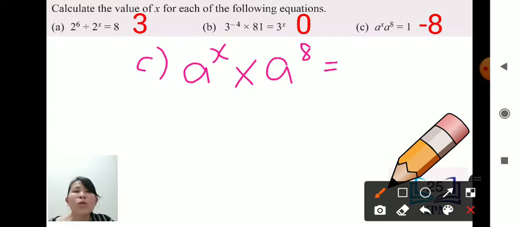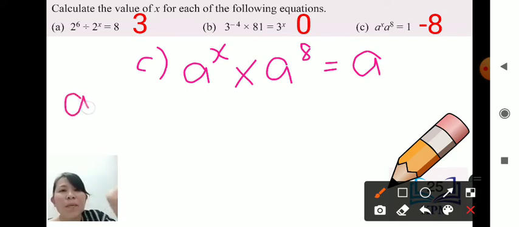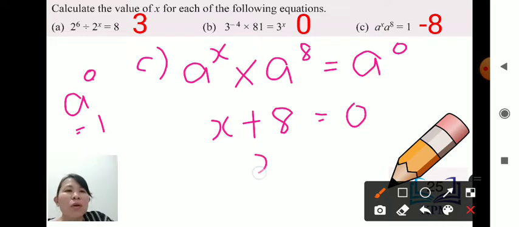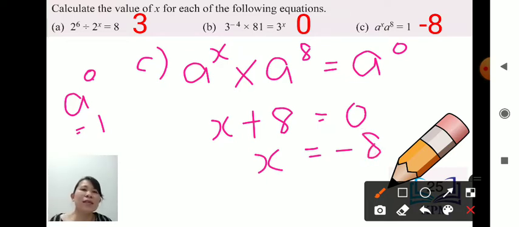You change 1 into base a as well. a to the power of what is equal to 1? Any number to the power of 0 is equal to 1. Always remember this. Change it to a to the power of 0, then you can solve the problem. x plus 8 is equal to 0, so to find x, you move it to the other side. x is equal to negative 8.